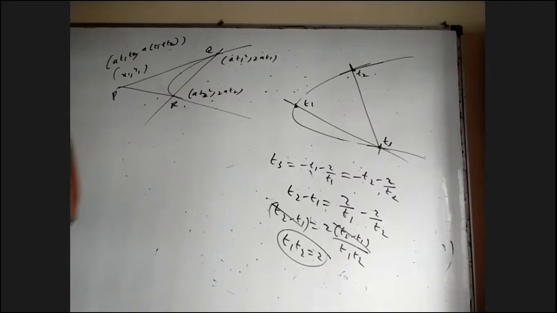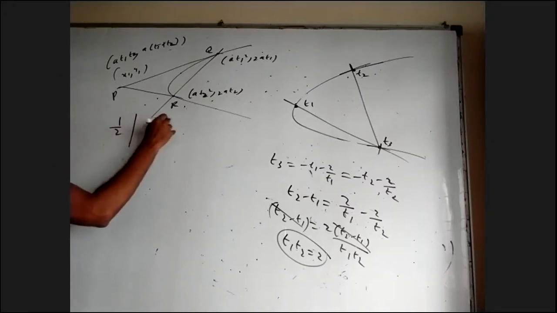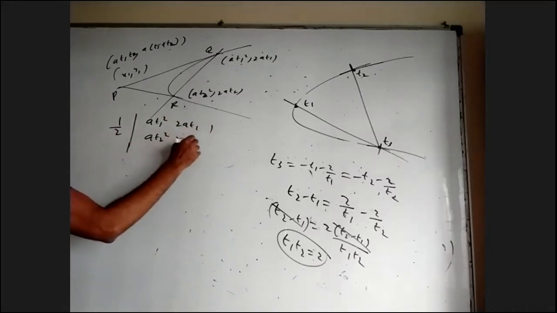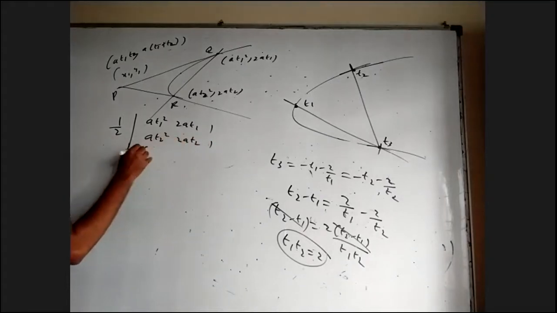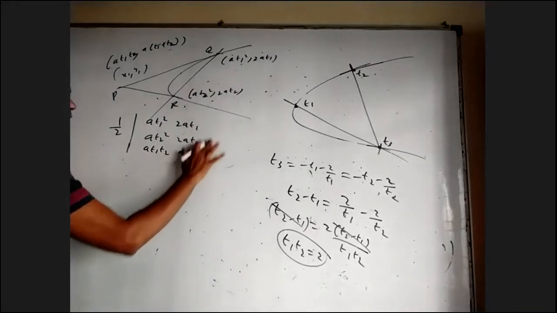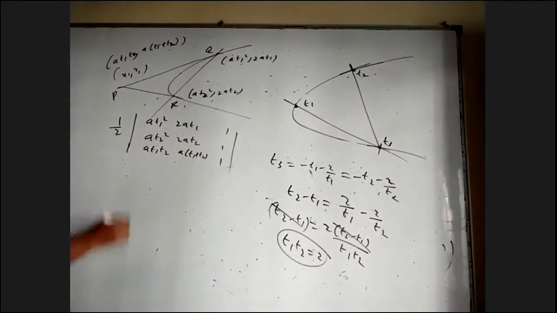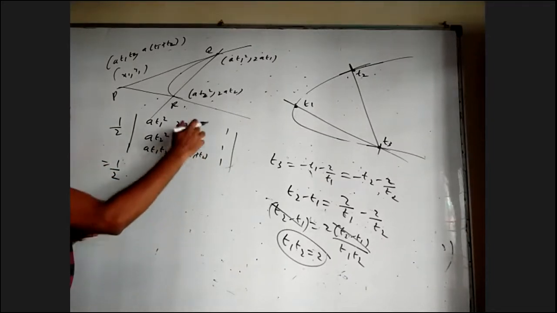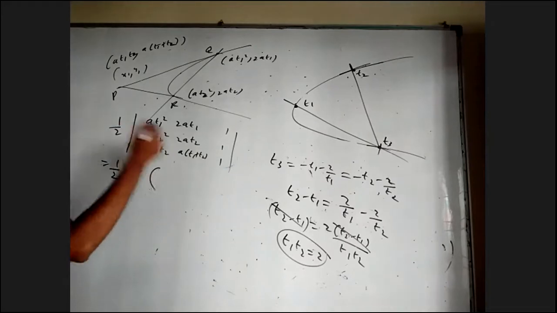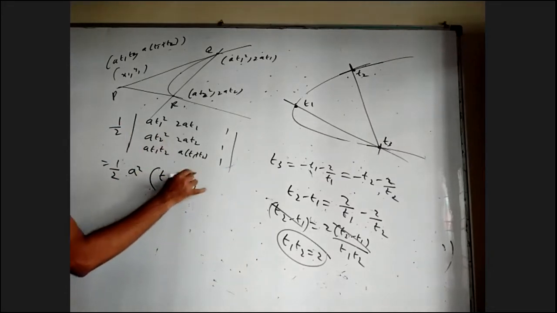At the last I'll put x1, y1. So the area is 1 by 2 mod determinant: a T1 square, 2a T1, 1; a T2 square, 2a T2, 1; a T1 T2, a into T1 plus T2, 1. Whenever 1 is there, you can subtract rows, and when you do all that, you'll get one a common here, one a common here. We'll get half a square, and properly simplified, you'll get T1 minus T2 whole cube.